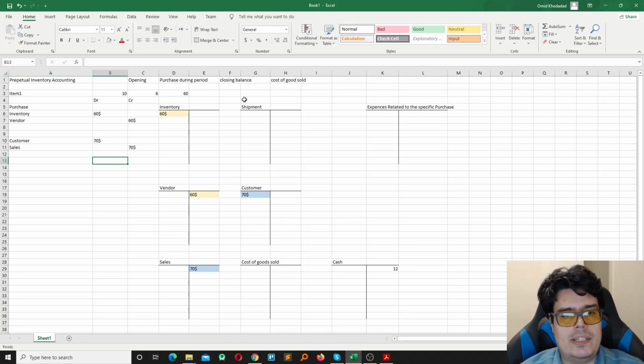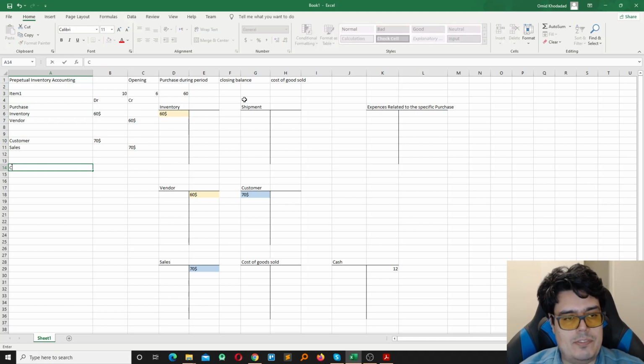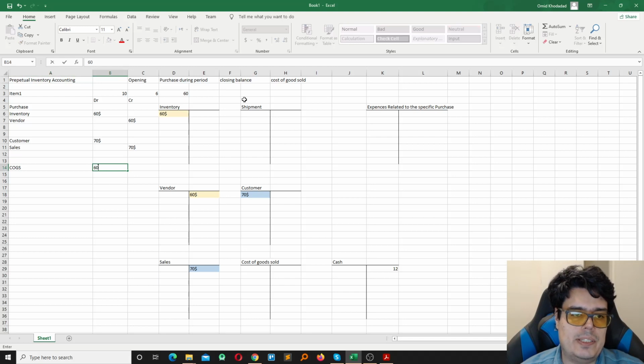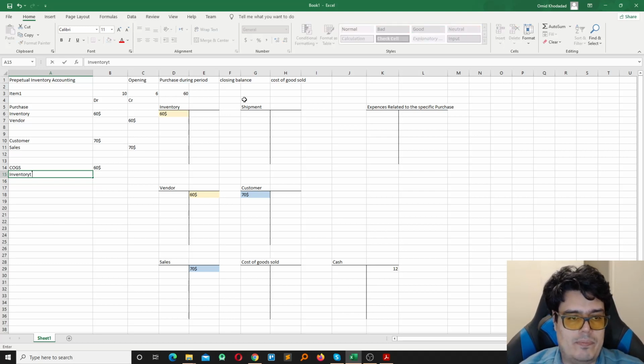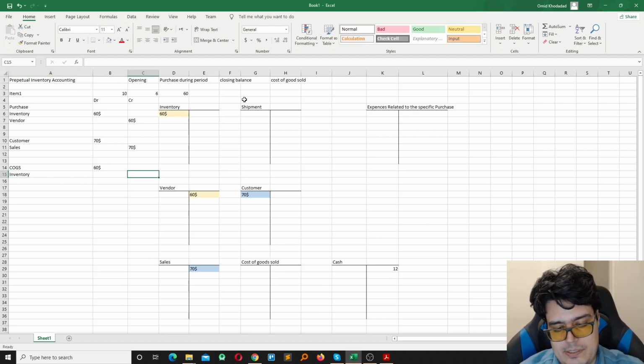It is, of course, what I showed you in periodic accounting, cost of goods sold. In abbreviation, it is sometimes written as COGS. The COGS account would be debited $60, and the inventory account would be credited $60.